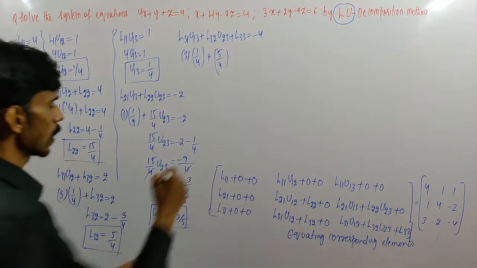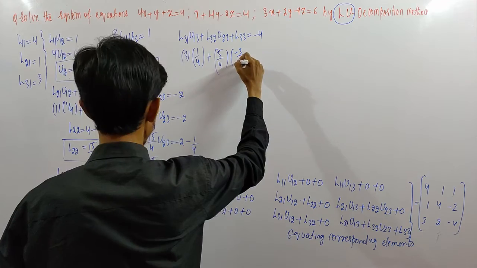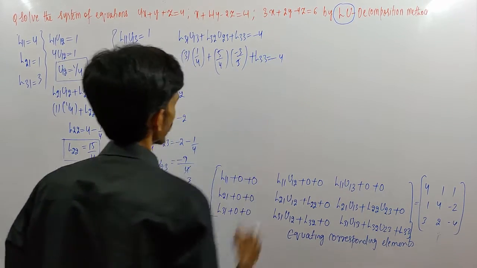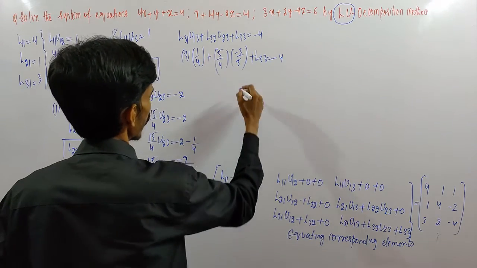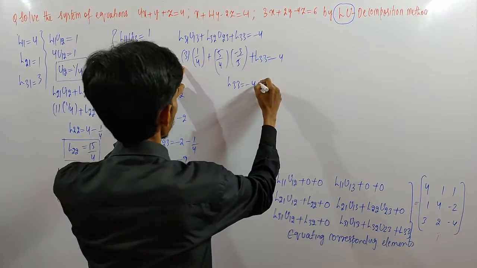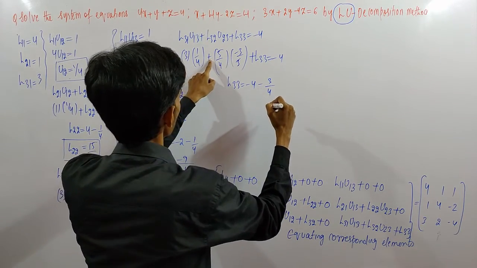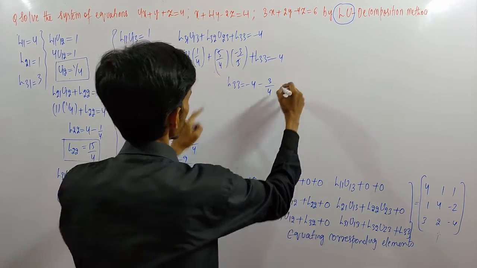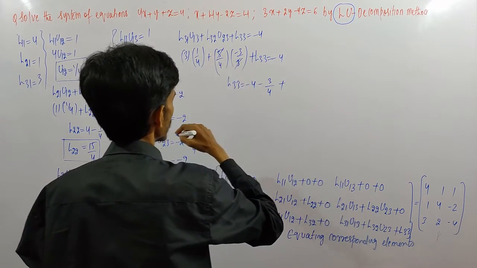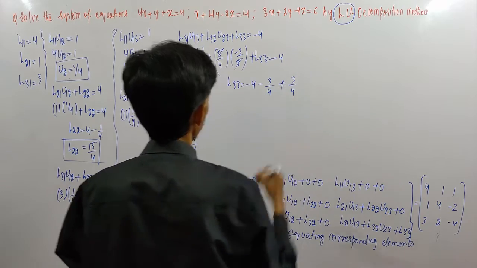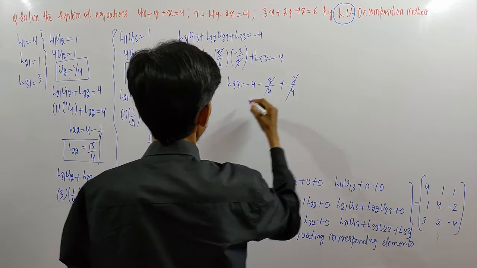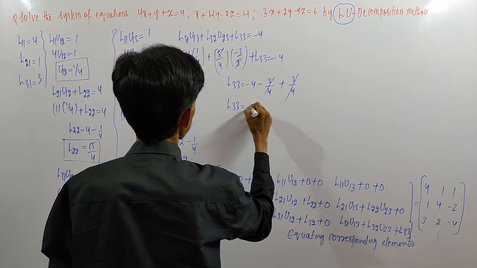We have U23 value is minus 3 by 5 plus L33 is equals to minus 4. Now get L33 value, that is minus 4. This will become minus 3 by 4. Plus into minus, we have minus here. It will become plus. This 5 and this 5 will get cancelled. We have 3 by 4. So these two will get cancelled. We have L33 value is minus 4.